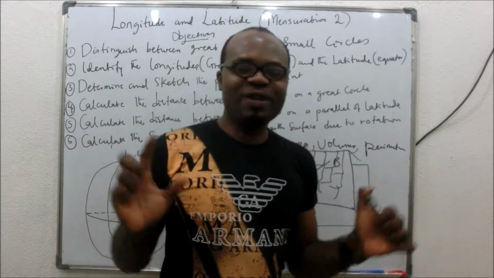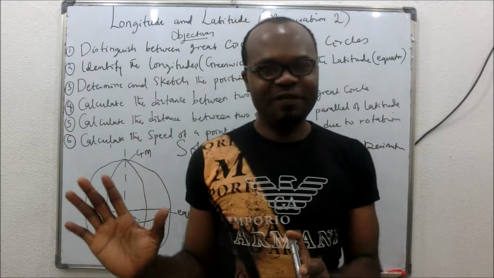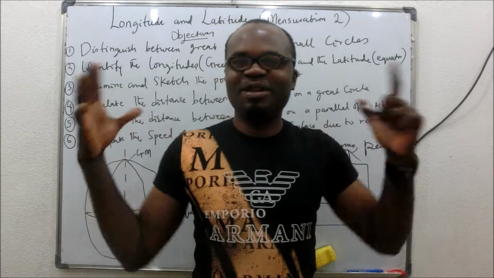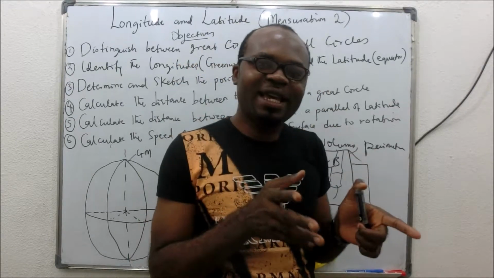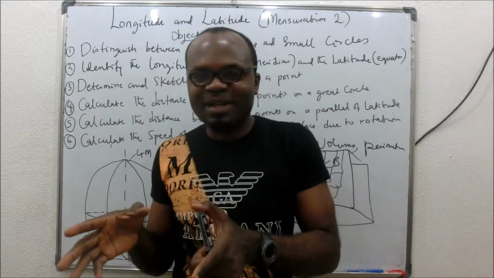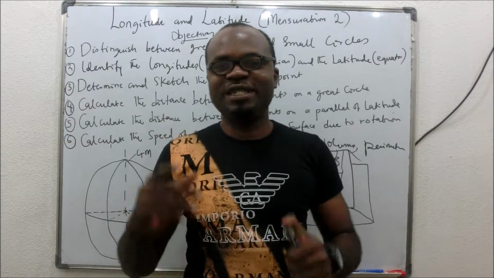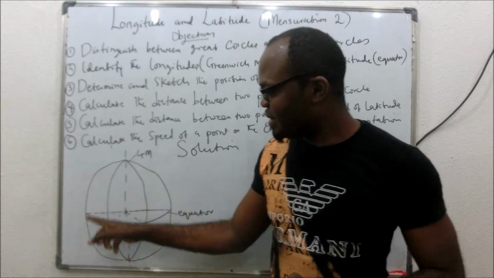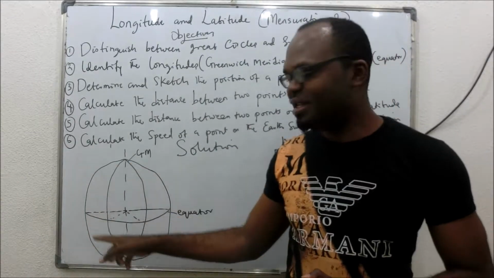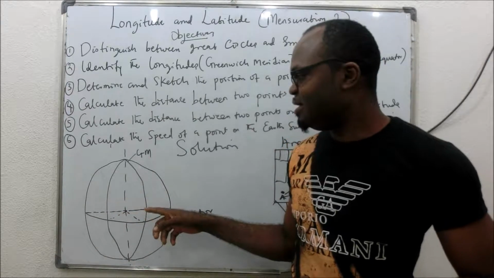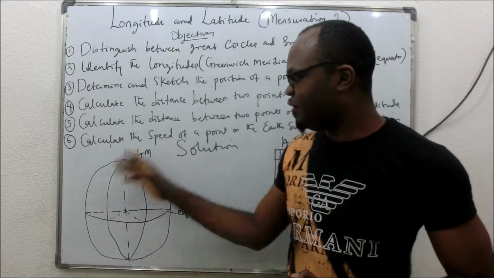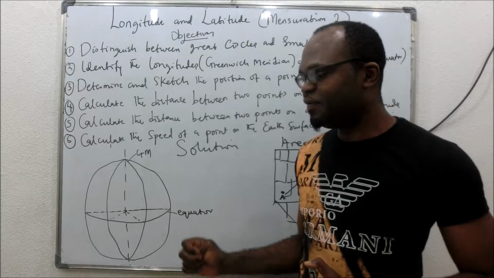But now when you're looking at the Earth's surface, you're not talking about a square, a rectangle, or a cone. Now you're considering the Earth's surface. This is the shape of the Earth. The Earth is spherical.